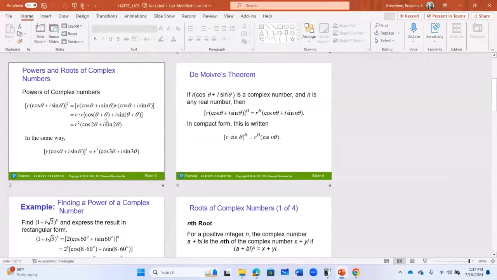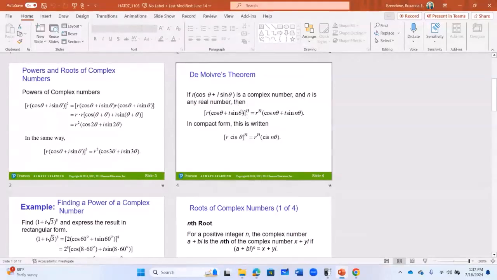This time they are the same angle, but even if they are different angles, you still sum the different angles. You multiply modulus of Z1 times modulus of Z2 and angle of Z1 plus angle of Z2. That's what it says.